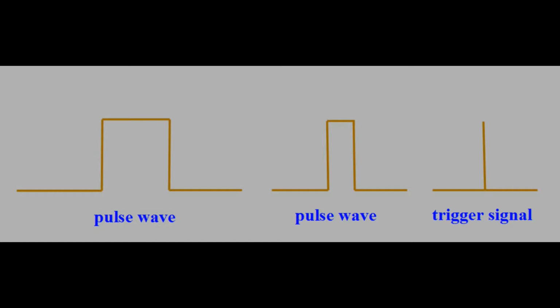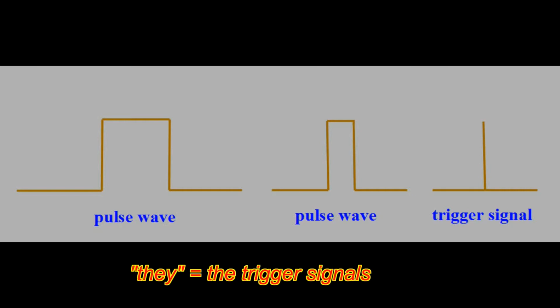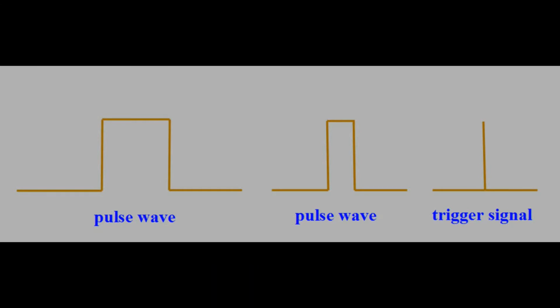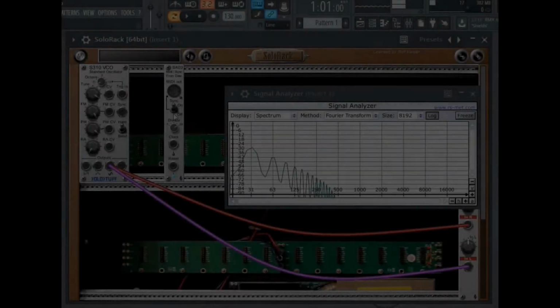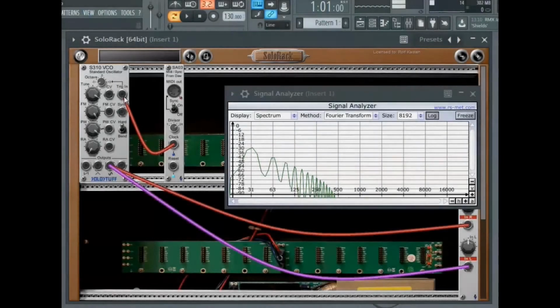Let me use trigger signals, regular trigger signals, which have only up flanks. Well, of course, they have also down flanks, but they are so short that only their up flanks cause an action in the circuit. I connect SoloRack and my DAW and use different trigger signals to make the VCO's octave going up, but not going down.